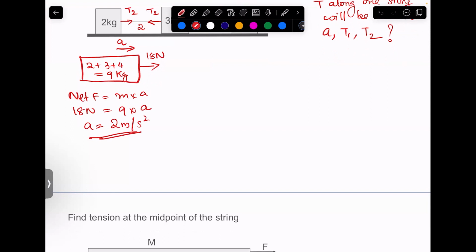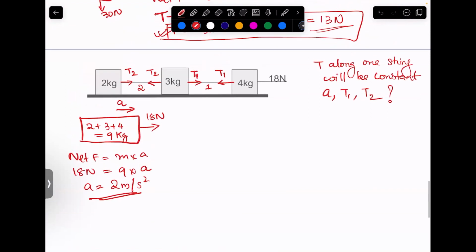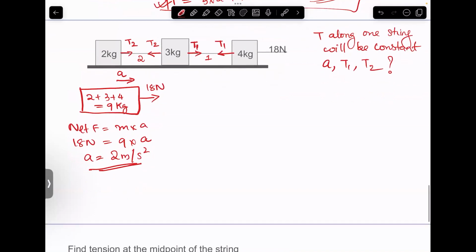Now, to find T1, what do you have to do? You have to consider this whole thing as one system. So T2 is an internal force in the system, so you don't need to treat T2 at all. For finding T1, we will think about the free body diagram.